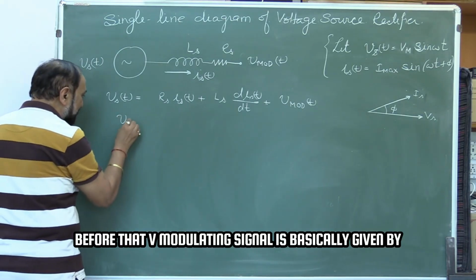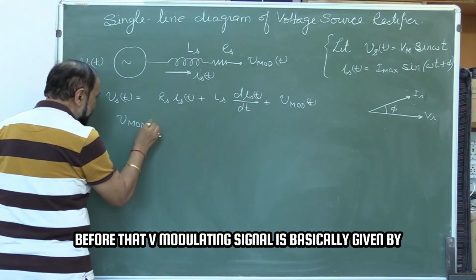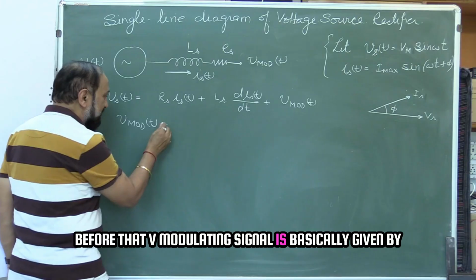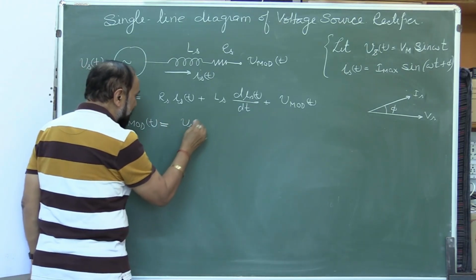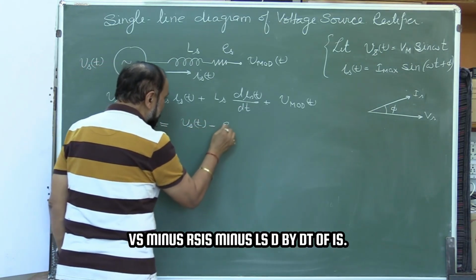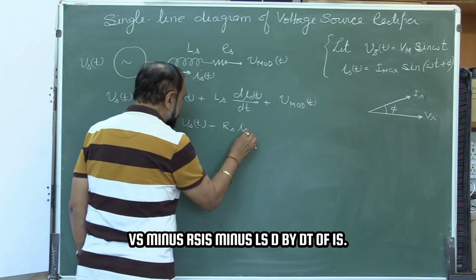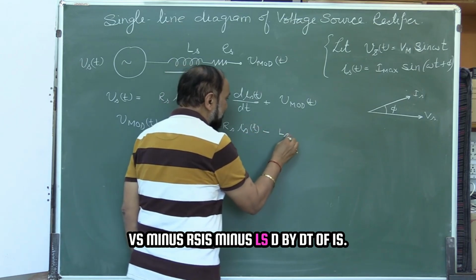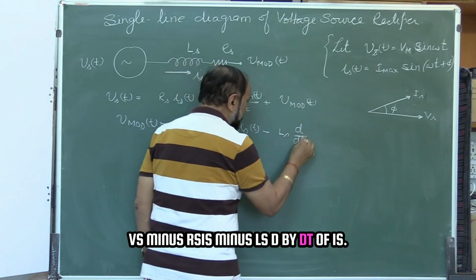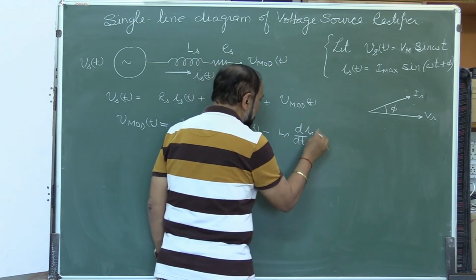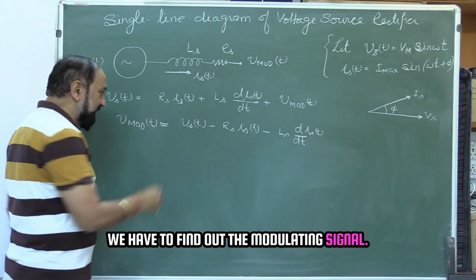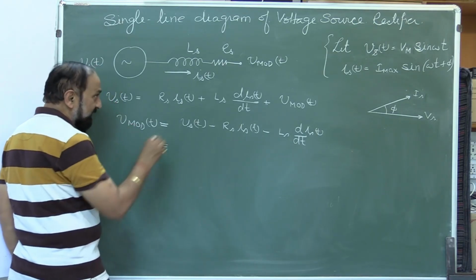Before that, V modulating signal is basically given by Vs minus Rs Is minus Ls d by dt of Is. We have to find out the modulating signal, that's why we have written it like this.